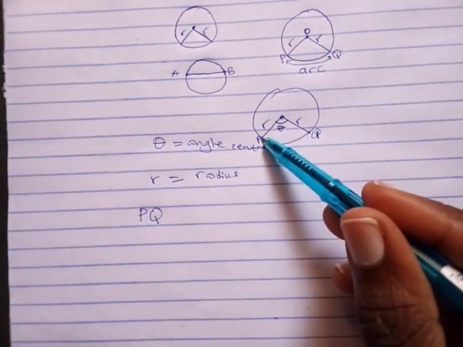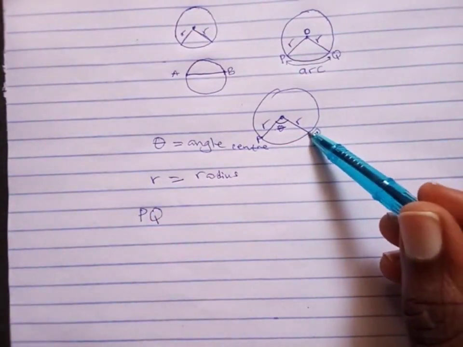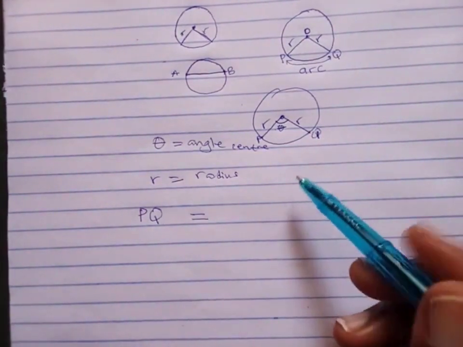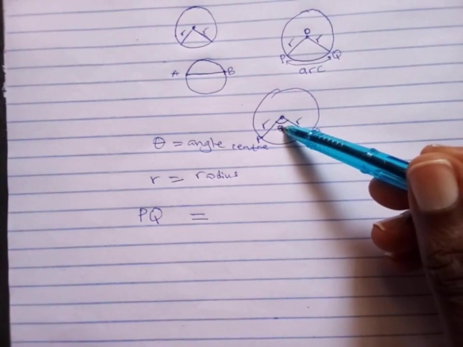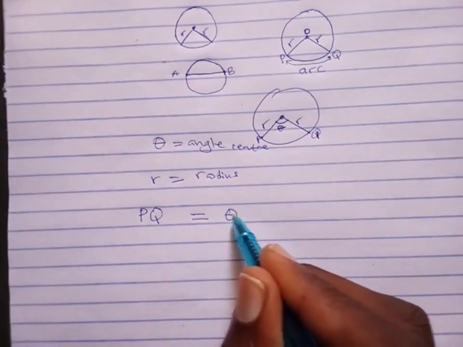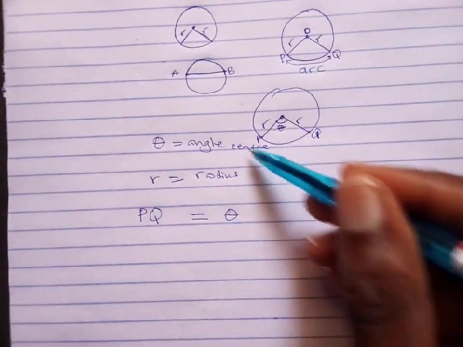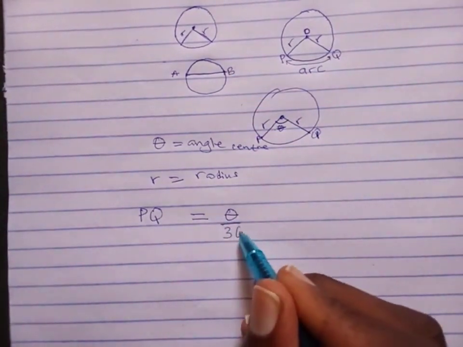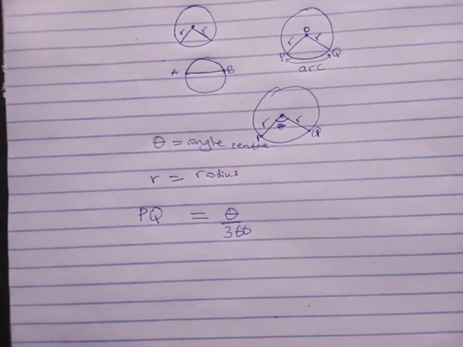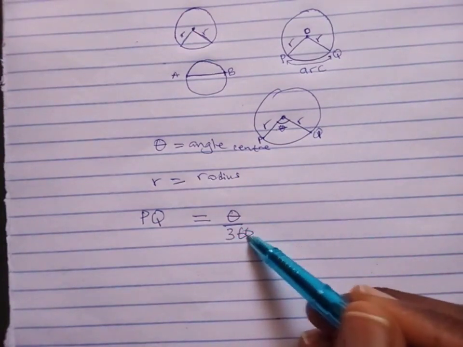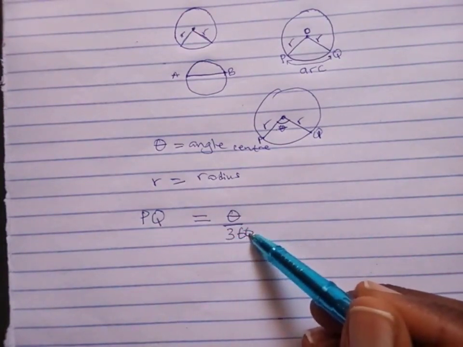That is the distance from P to Q. This is going to be equal to a fraction of this angle, which is theta, compared to the total angle in a circle, 360. Okay, the total angle in a circle, of course, is 360.